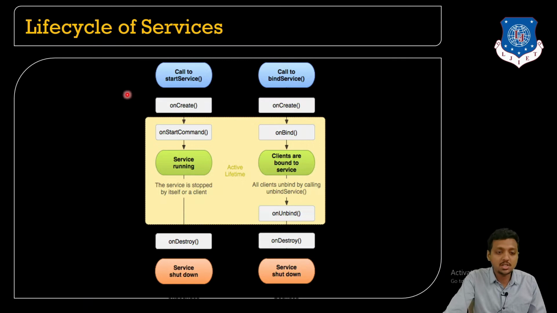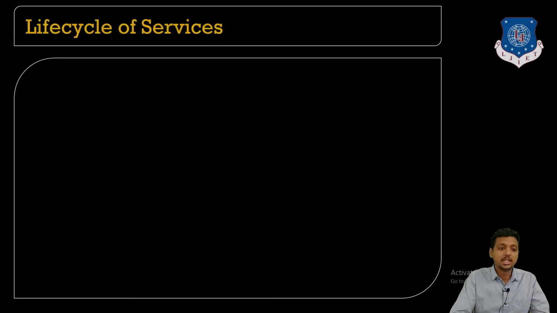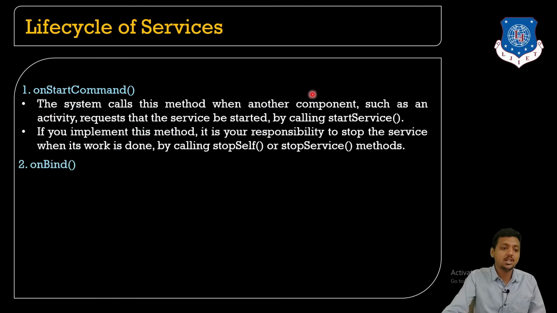So remember students, these two ways are different life cycles for the services. One is using the start service method, the second one is using the bind service method. Now next, let me explain each and every step. So the very first is onStartCommand. The system calls this method when another component such as an activity requests the service be started by calling start service.